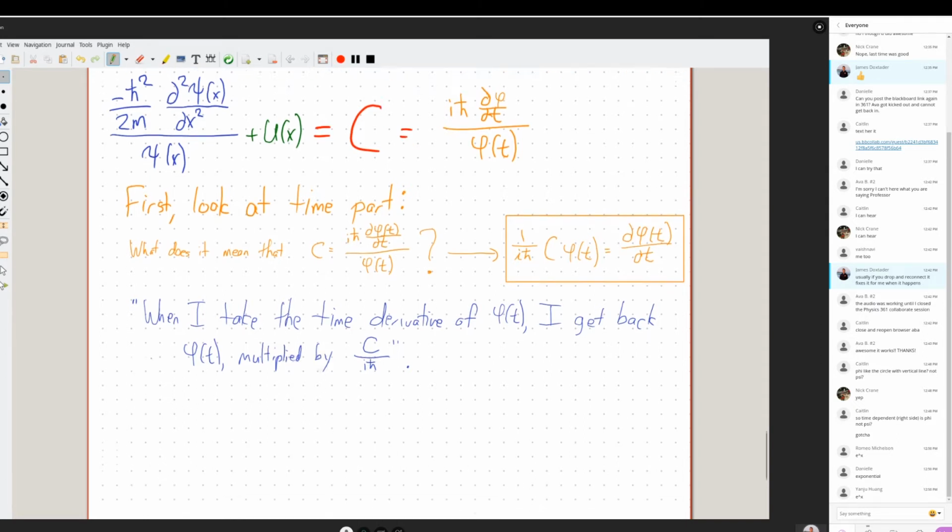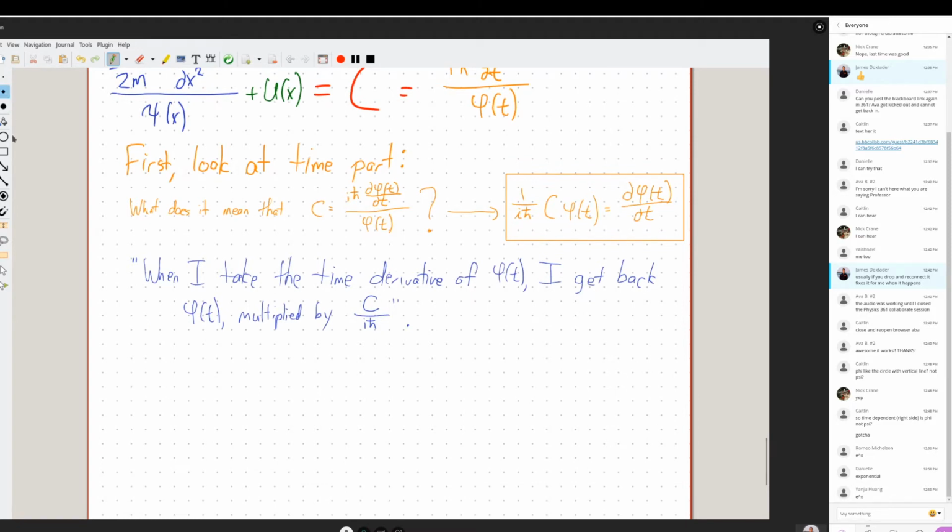So this means that phi of t is some amplitude times the exponential of c over i h bar times time.